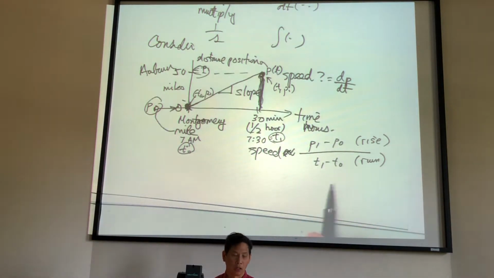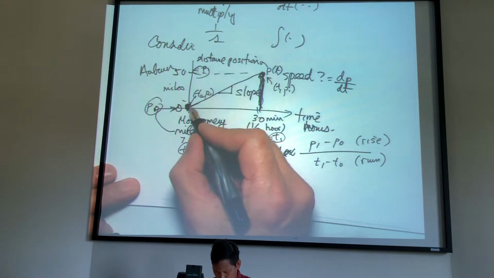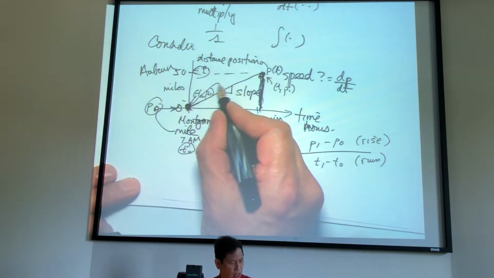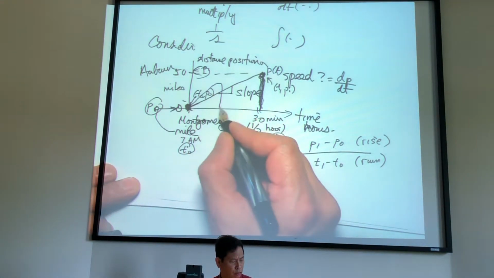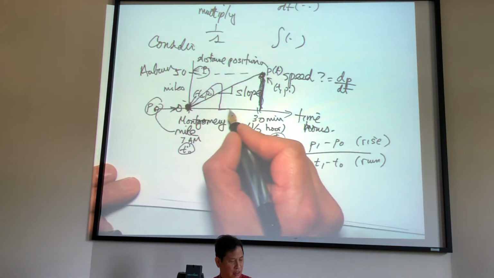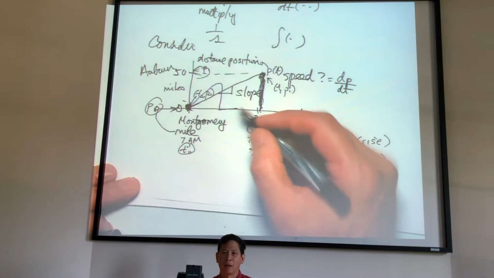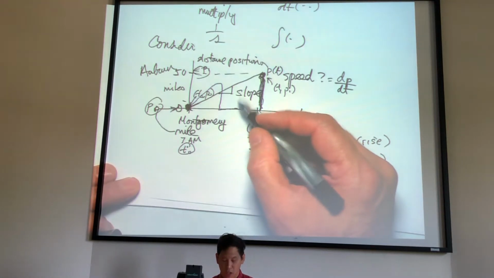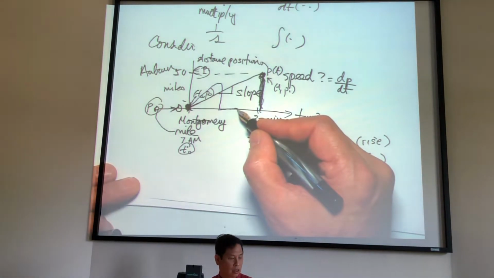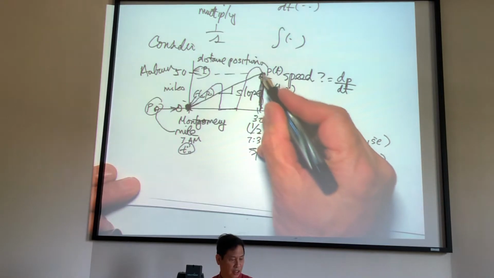Now it's an approximation because maybe I didn't really drive at a constant speed. Maybe what I did is I started off and drove like this, and then I stopped at Tallahassee for breakfast, roughly mile marker 24, 26. And then I jump in my car later, and I drive like a banshee to get here.